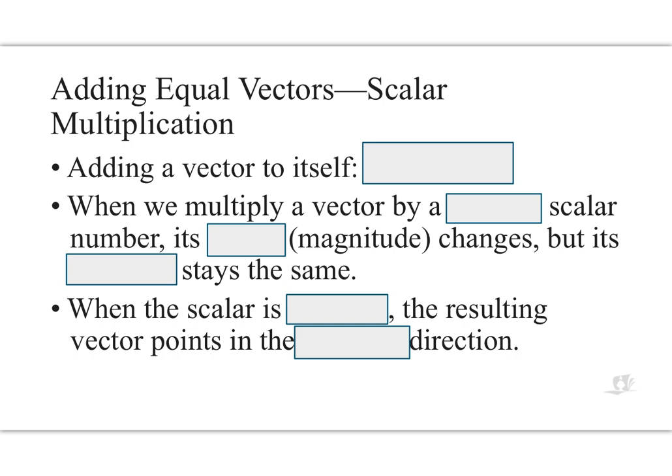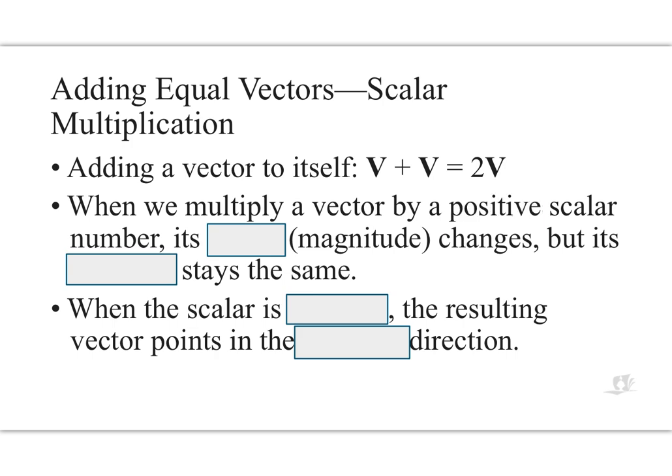So adding equal vectors. When you add a vector to itself, it's just like it sounds. It's just 2 times that vector. Because if you add a vector to itself, it's in the same direction. When you multiply a vector by a scalar, if it's positive, then its length or its magnitude will change, but its direction will stay the same. All right, so remember, scalar means just to multiply through.